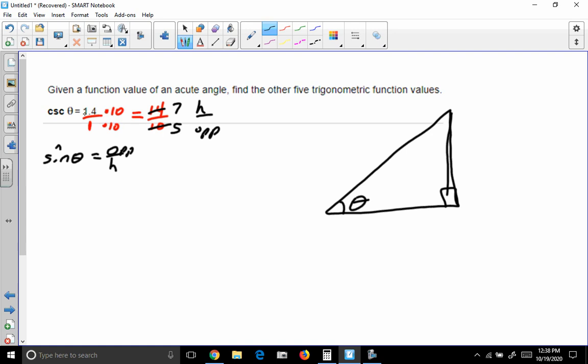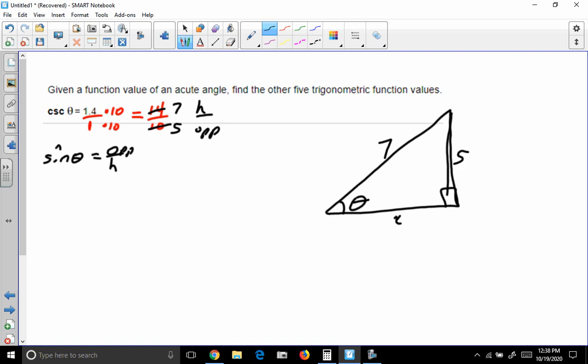So if we simplify 1.4 and convert that into a fraction of 7/5, then from theta, the hypotenuse is 7. The hypotenuse is across from the right angle. The side opposite of theta would be 5. We could have left it as 14 and 10. We would have come out with the same ratios once we reduced. Or we could do the 7 and the 5.